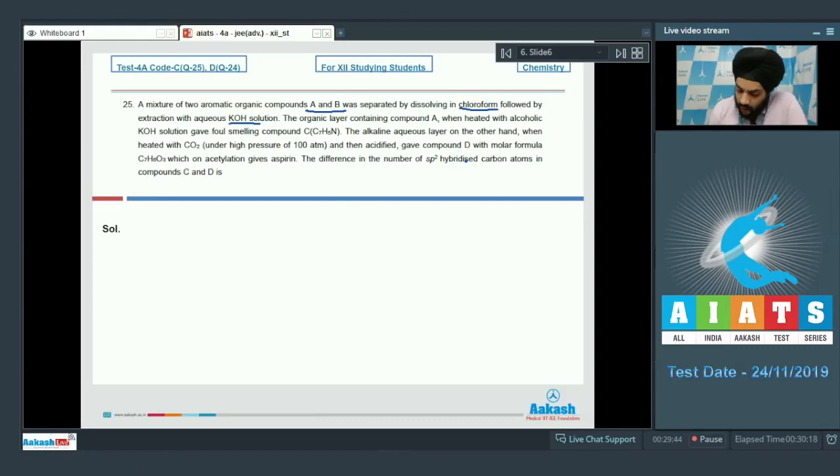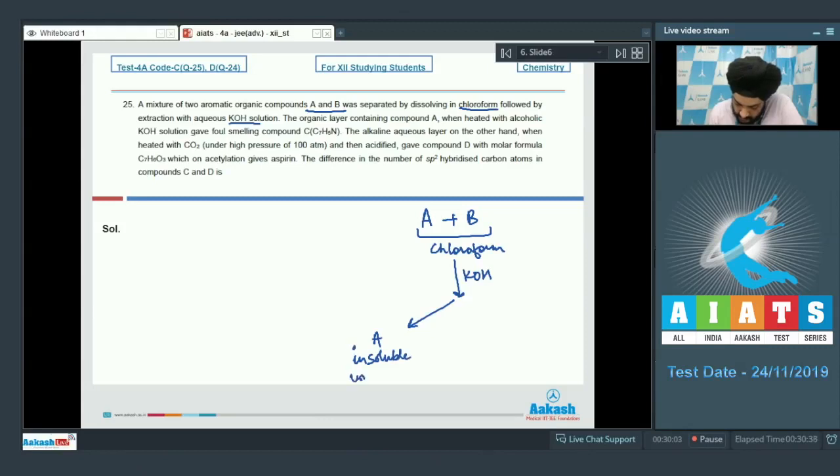So students, it's obvious to us that when A and B were both dissolved in the chloroform layer and then extracted with KOH, the compound A was insoluble in KOH and was present in the organic layer.